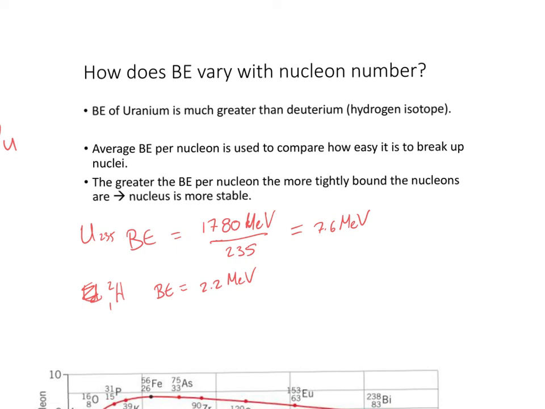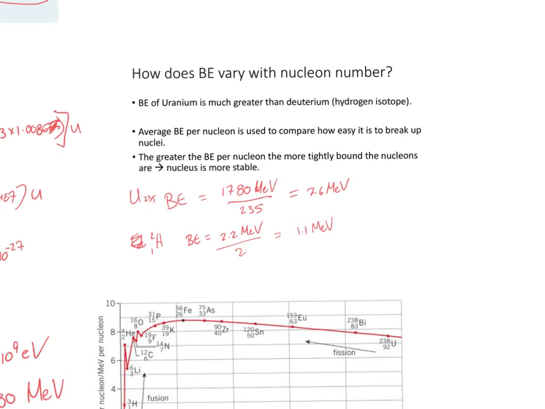However, if I consider the binding energy of deuterium per nucleon, there are only 2 nucleons, so you divide that by 2 and it will be 1.1 mega electron volts. And this is very important when we start looking at fusion and fission. So in the next lesson, it will be incorporated a little bit more.